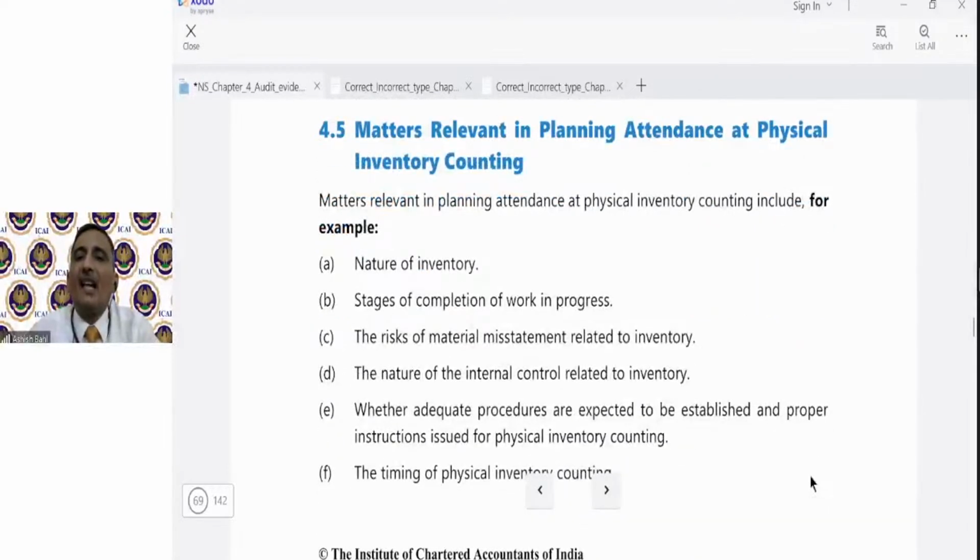So matters relevant in planning attendance at physical inventory count.